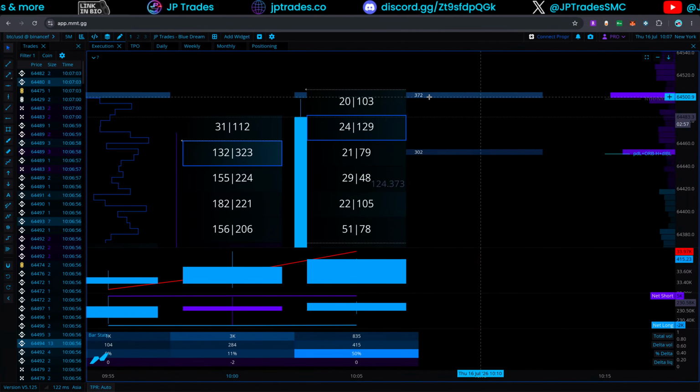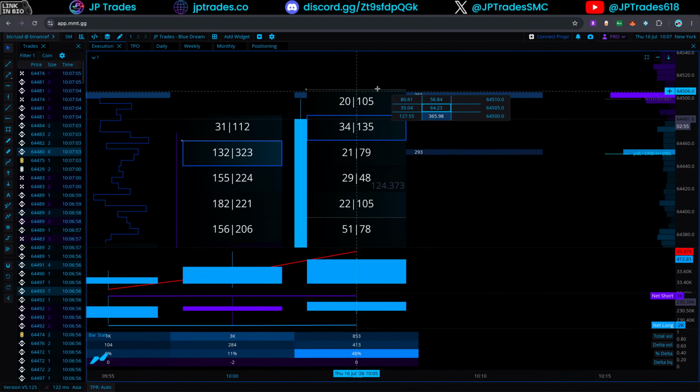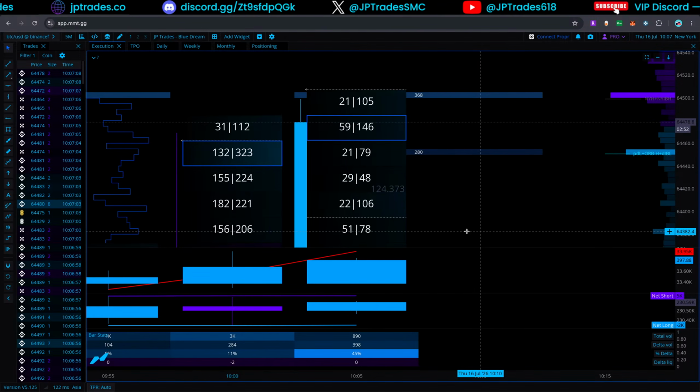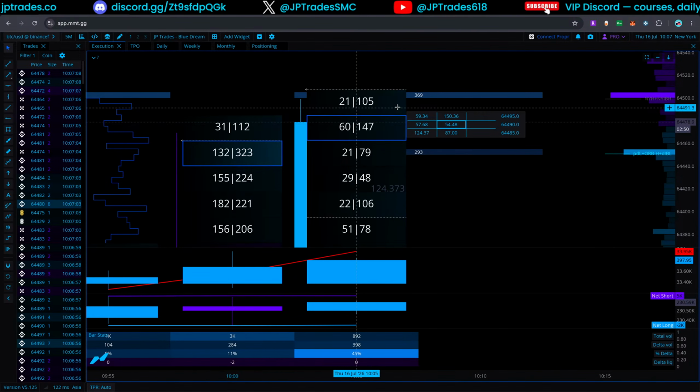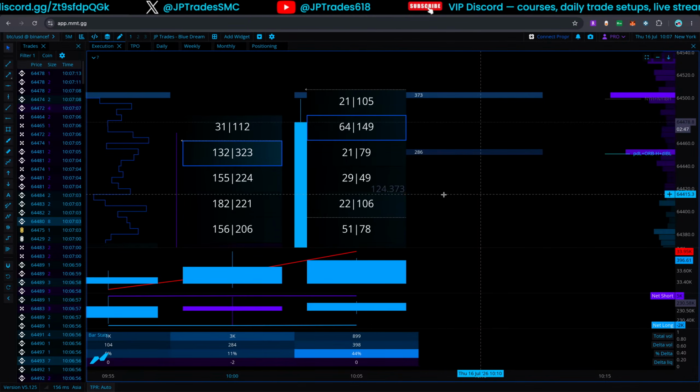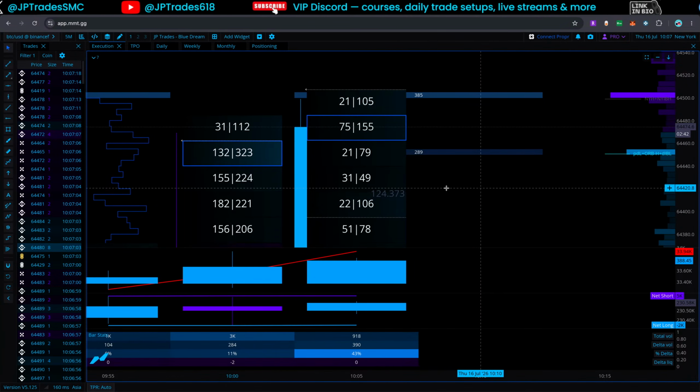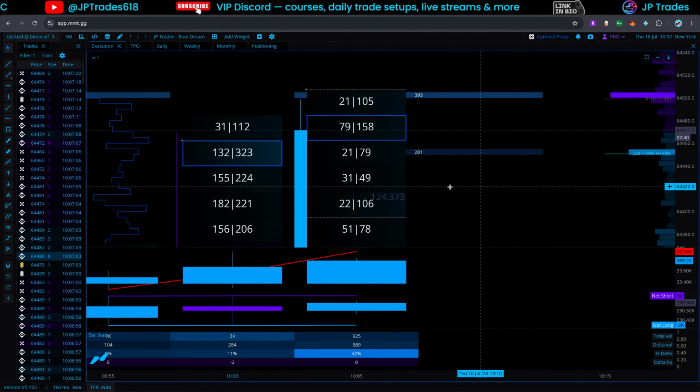So the wall is about 380, but you only had 100 buyers up here, and they're reloading. So someone's got to press a bigger buy button at the moment, or at least accumulatively, people need to start pressing the buy button here.